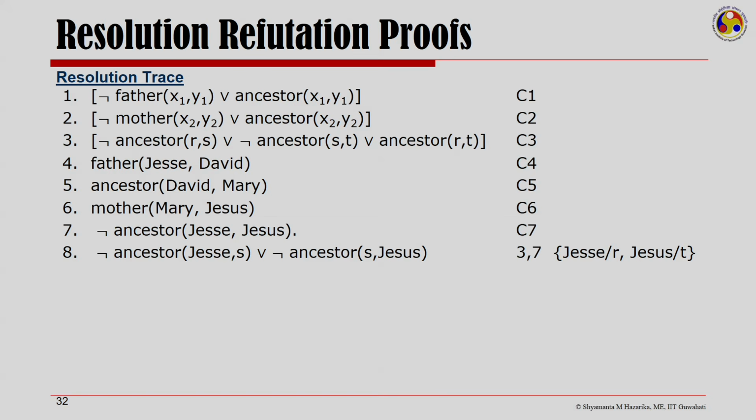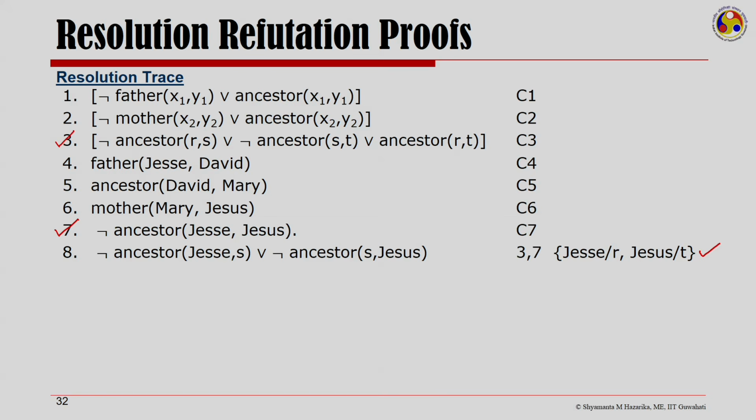So, I take clause 3 and clause 7 and resolve them, but now kindly note a new introduction of the substitution that is being used written in front of the annotation. So, I have Jesse for R and Jesus for T in clause 3 and clause 7.